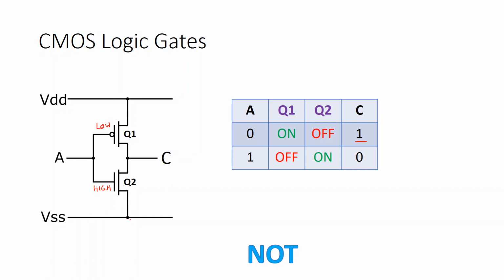So then your VSS, which is the ground voltage, is coming to your C, which now becomes 0. So now if you simply look at the input and the output relationship, you will see that this is the NOT truth table. So this becomes a NOT gate. This circuit arrangement is the NOT gate.